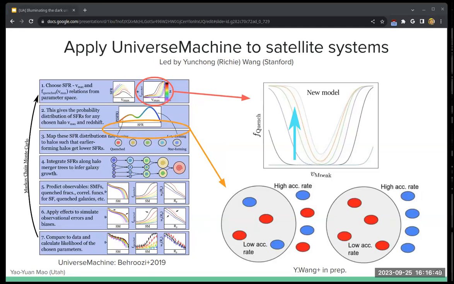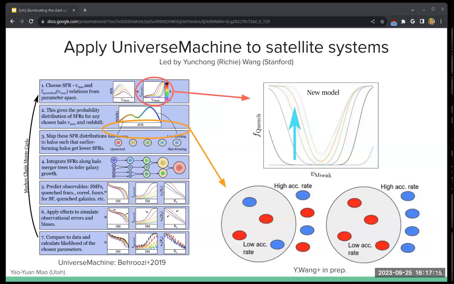One thing that we have been trying to do is to take the galaxy-halo connection model called the Universal Machine, developed by Peter Behroozi, and ask, can we use the Universal Machine to reproduce what I just showed you from the quench fraction? What we found is that you cannot, unless you start adding new model components.